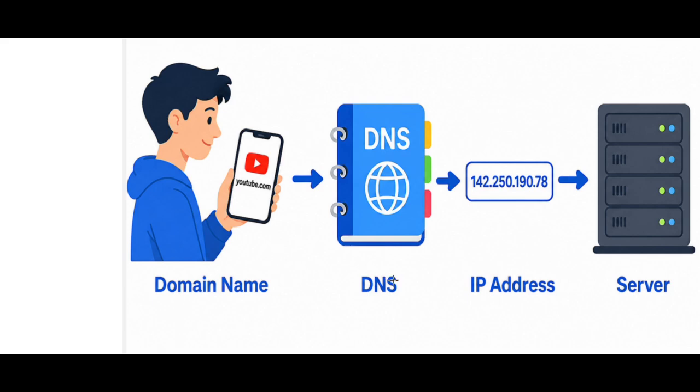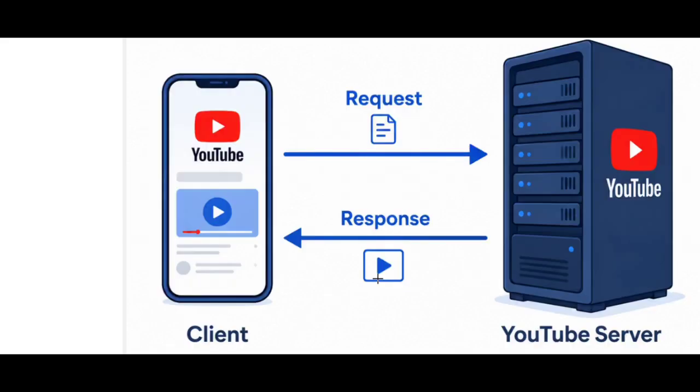DNS replies with the correct IP and directs the phone towards the right server location. If it doesn't know, it will pass the same request on to another DNS server, which is why if you are searching for a new website, it might take some time. After that, your phone can send the request in the correct direction.